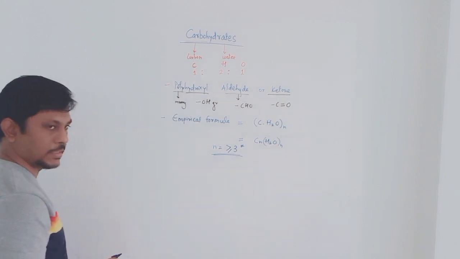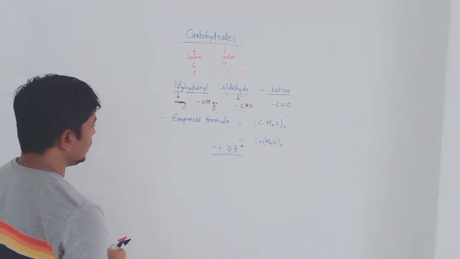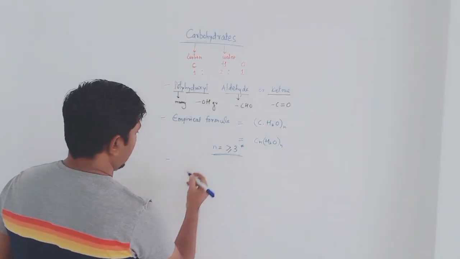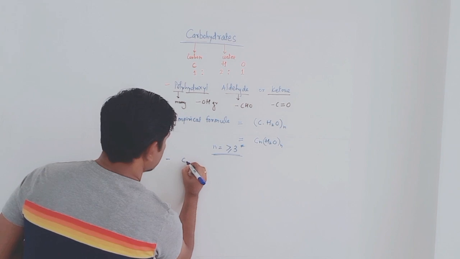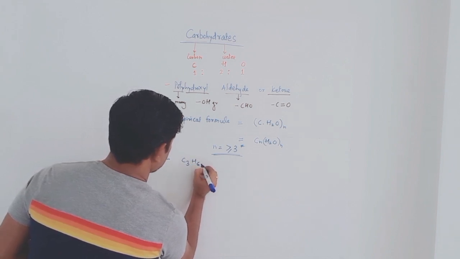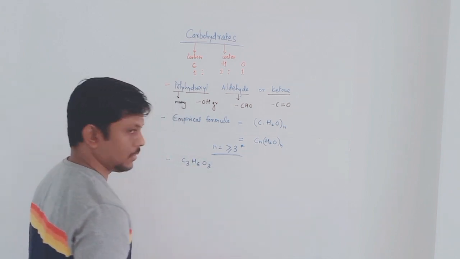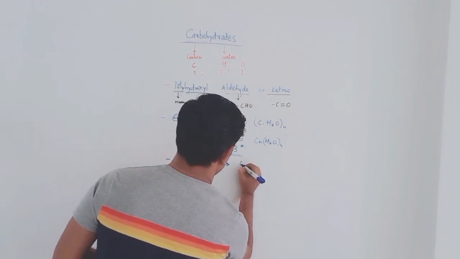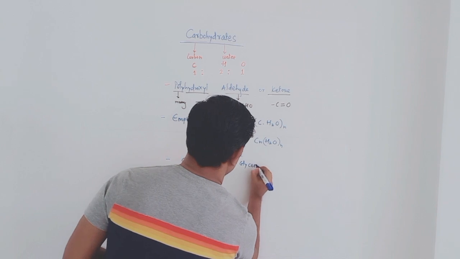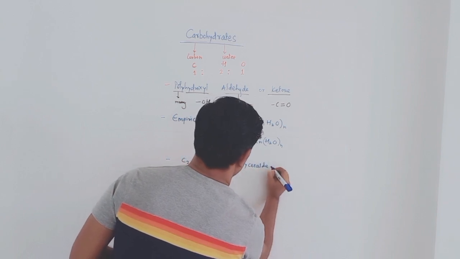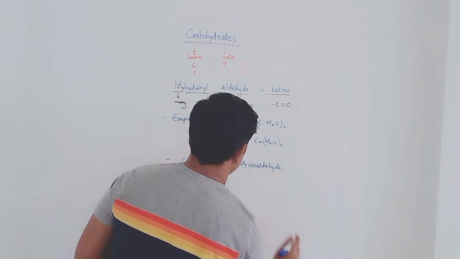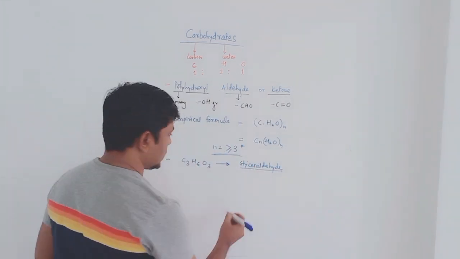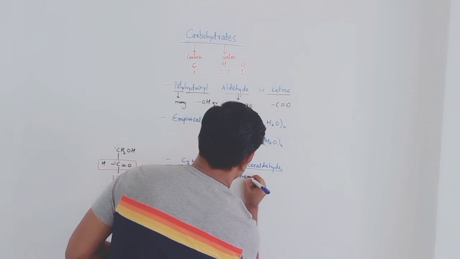So we'll take an example. If you fill the n value as 3, the formula becomes C3H6O3. So this is the molecular formula for glyceraldehyde. Now this glyceraldehyde is also considered as a reference carbohydrate.